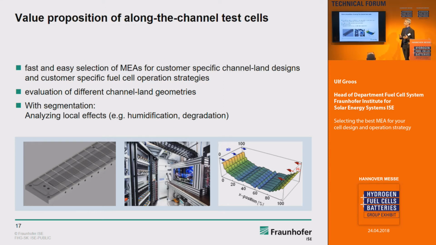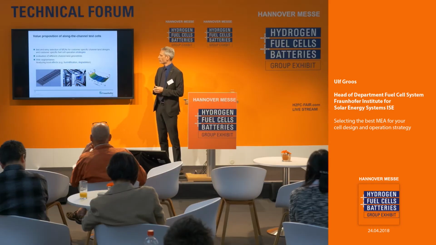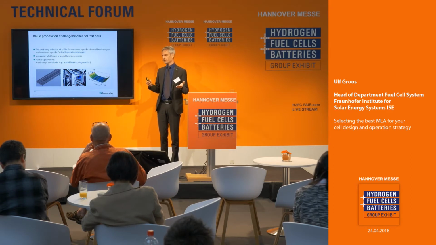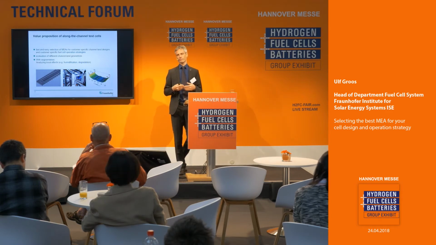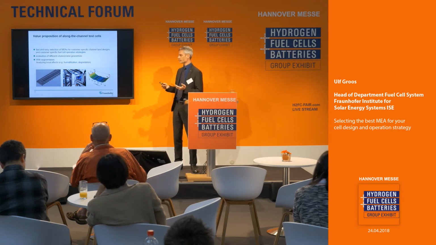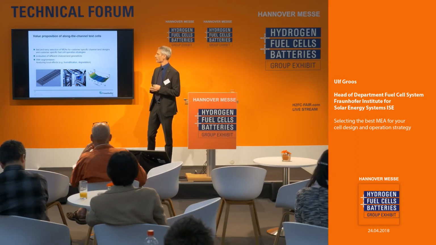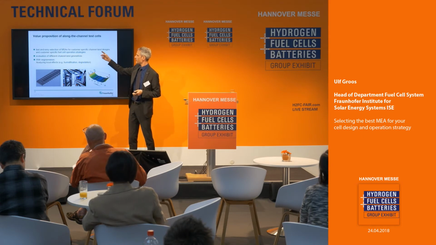So all together, to come to an end, with our along-the-channel test cell, we see a good opportunity to have an easy and relatively fast result of MEA testing in customer-specific channel land designs.